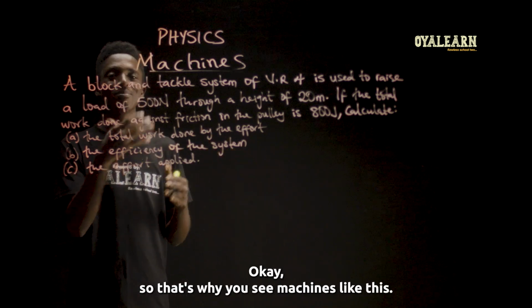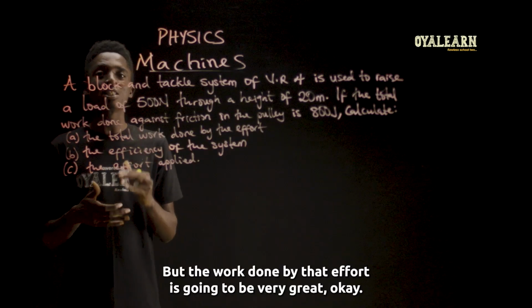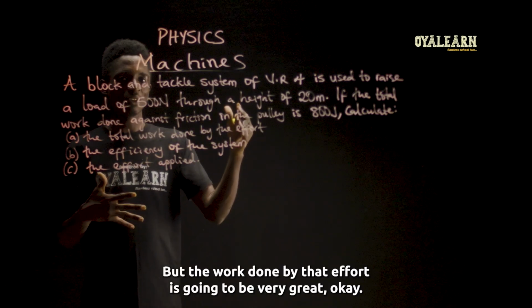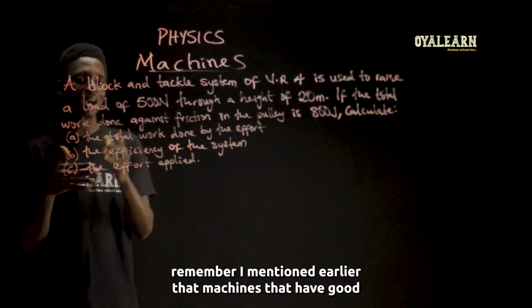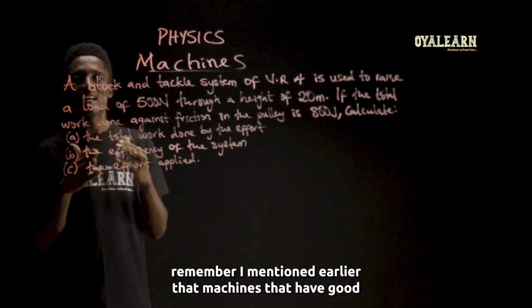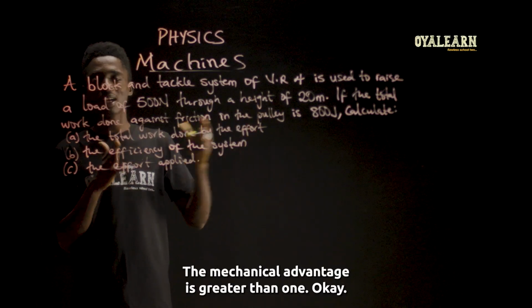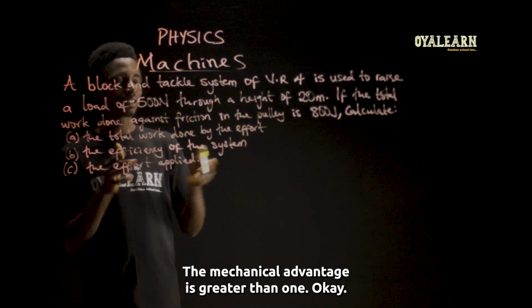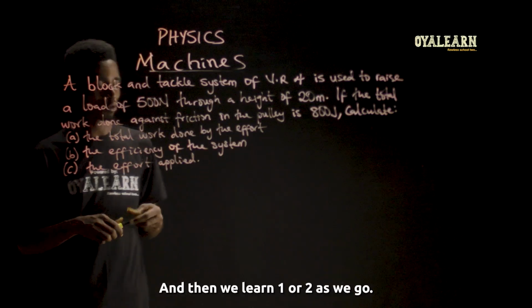So that's why in machines like this, you apply very little effort, but the work done by that effort is going to be very great, especially when the mechanical advantage is also high. Remember, I mentioned earlier that machines that have good mechanical advantage are always greater than 1. Okay, so let's solve this problem and then we'll learn one or two things as we go.